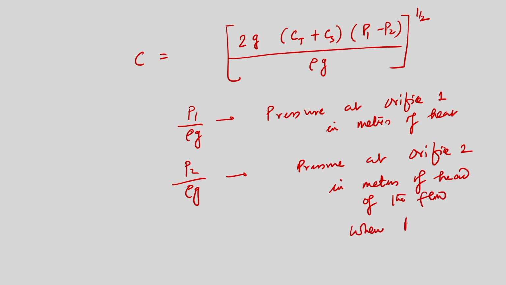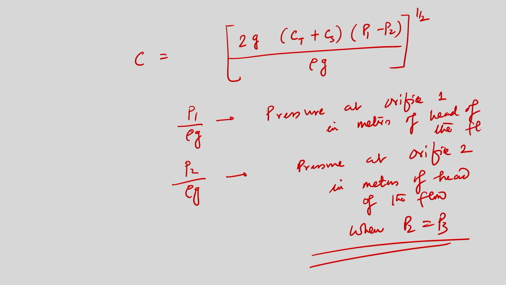When P2 is equal to P3, that is very important. So, the absolute velocity c can be written in terms of P1 by rho g and P2 by rho g, where P1 by rho g is the pressure at orifice 1 in meters of head of the flow when pressures P2 and P3 are equal.